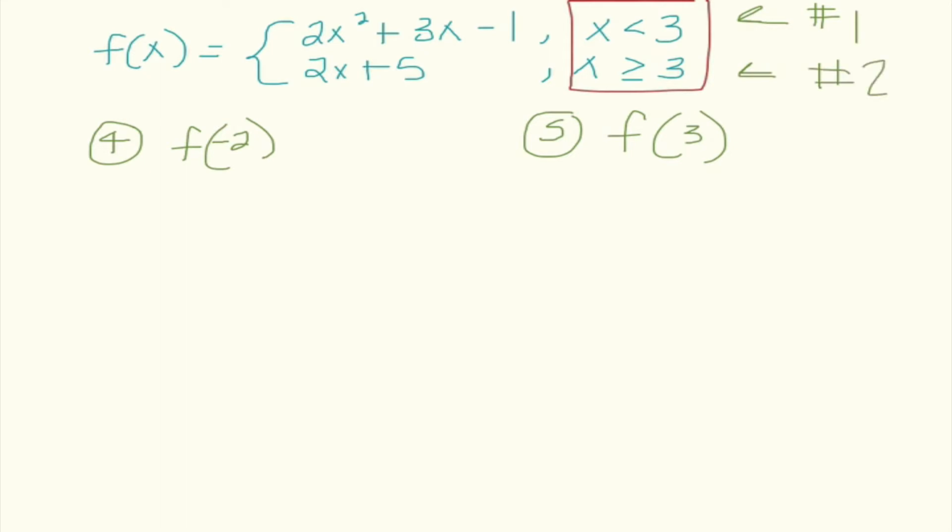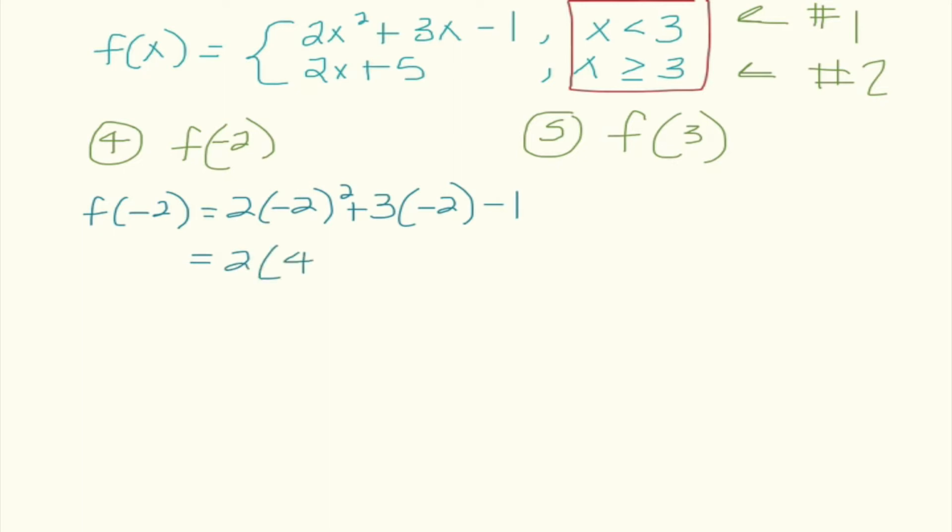And if we look, -2 is definitely less than 3. So that means I could care less about this equation right here. I can cross it out if I want for that problem. I only care about the top one because this is the domain that fits. So if I'm doing f of -2, I would do 2 times -2 squared plus 3 times -2 minus 1. So I have 2 times 4 minus 6 minus 1, 8 minus 6 minus 1. And when I work from left to right, I end up getting 1 as our output.